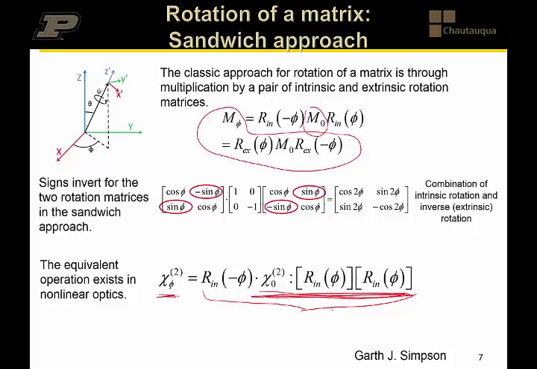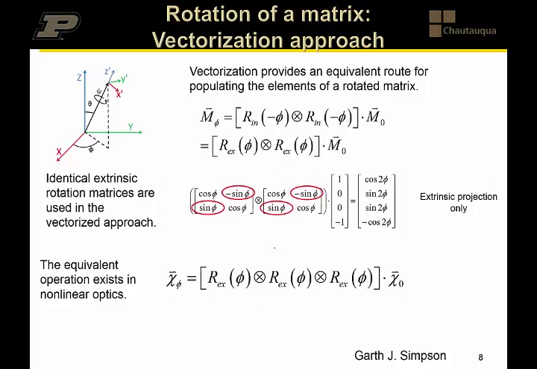So what we're going to do is consider an alternative architecture for doing coordinate rotation that is a little bit easier to translate over to tensors of arbitrary order. And that is one where we can do the equivalent operation of this rotation of a matrix by vectorizing the matrix.